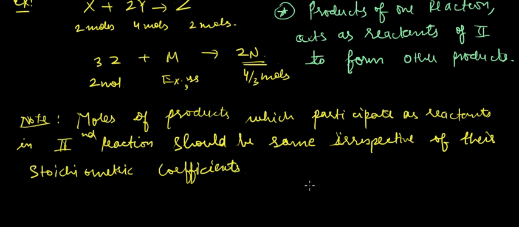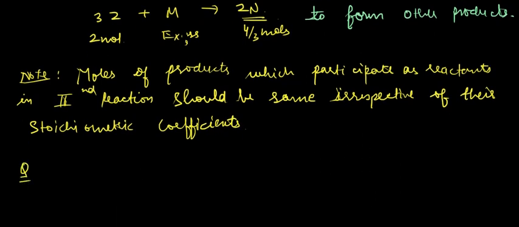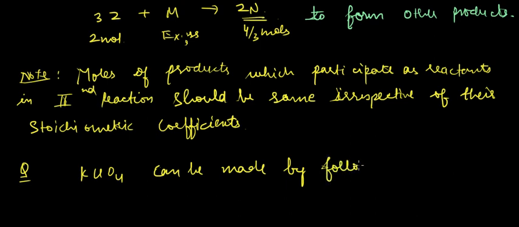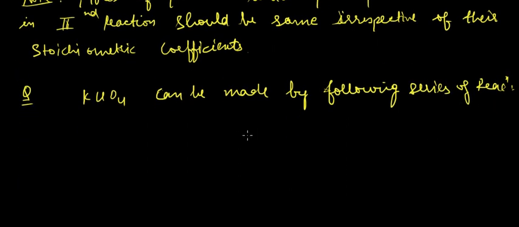Okay, so some questions on the same. Let's say we have KClO4, which can be made by the following series of reactions.